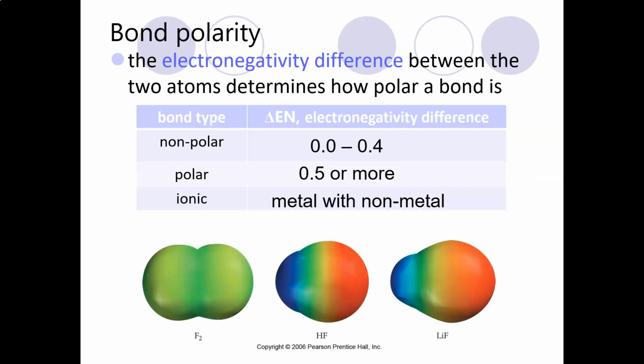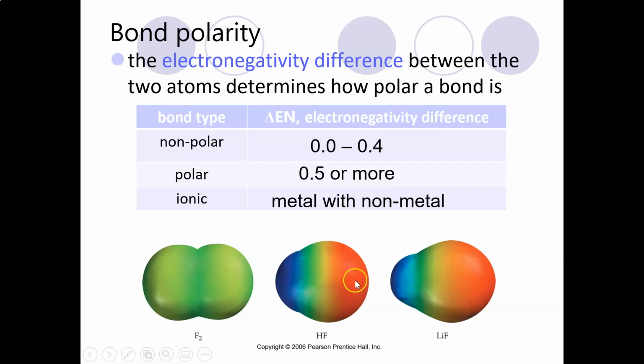So here's a nice visual of bond polarity. If the bonded atoms are very similar, the green represents an even distribution of electron density. But as you start to get into differences in electronegativity, for example H and F, hydrogen is losing some of the electron density, whereas fluorine is gaining it. The red means high electron density. The blue means lower electron density.